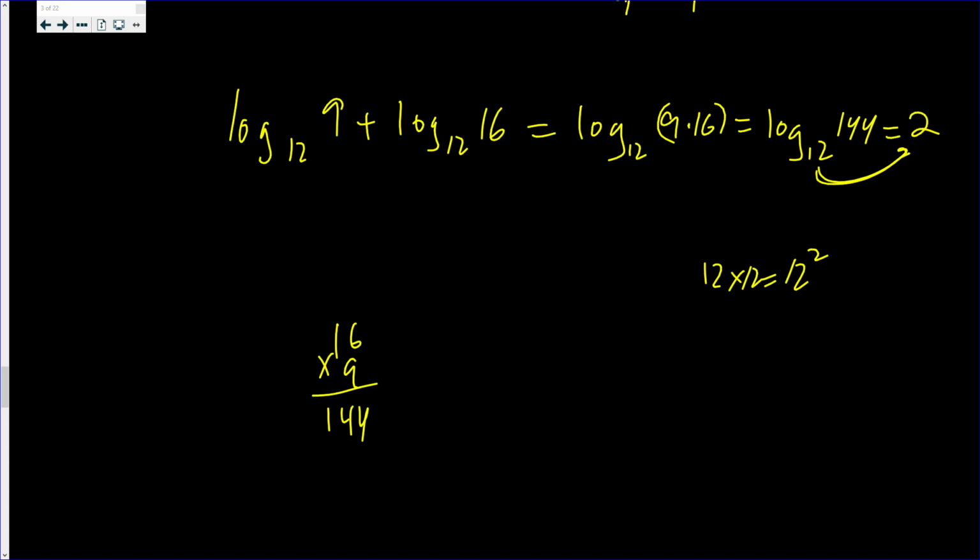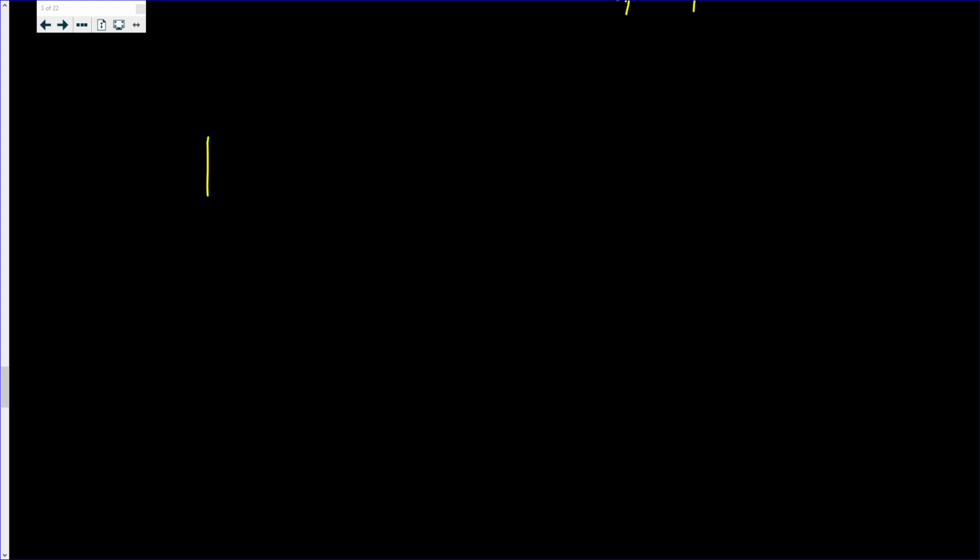Now, let us prove another fact. I claim that a raised to the log base a of anything is equal to the anything.